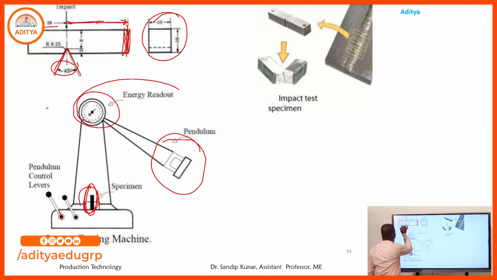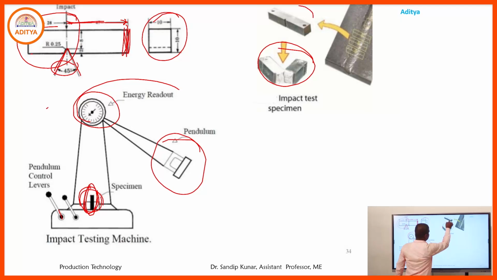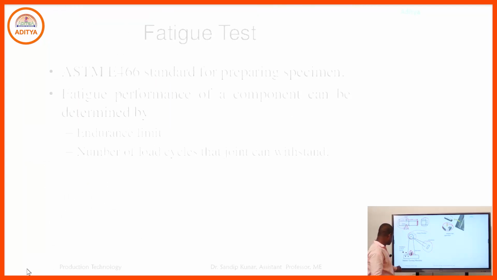The V notch is taken from the side where the length is less, and the side where the length is higher is held in the holding place. And that is the specimen broken by the impact testing machine.